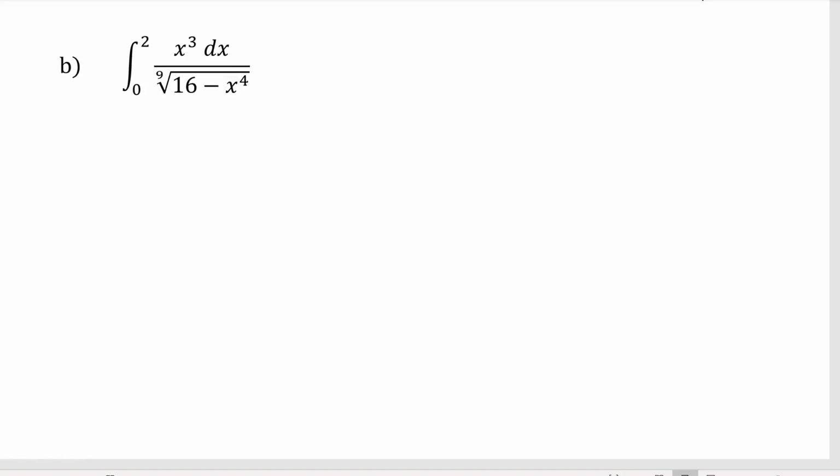So let's look at this problem. First of all, what is the improper value? Okay, 0 to 2, so this is the interval. Which one is the improper value? We can see what number makes the denominator 0.